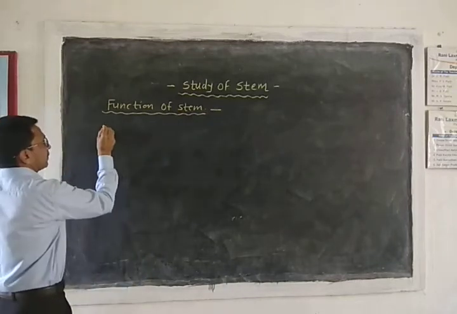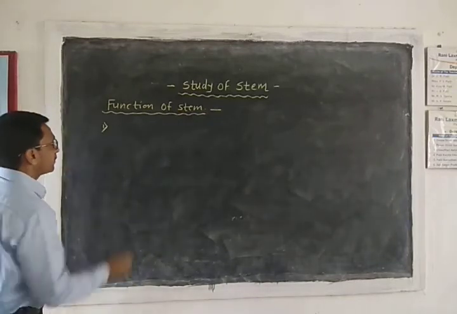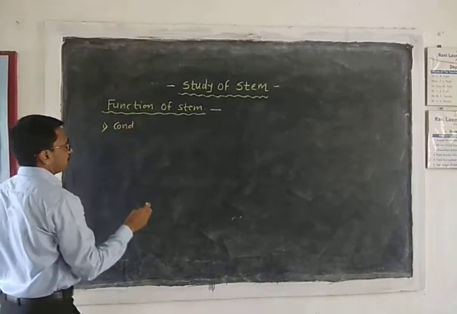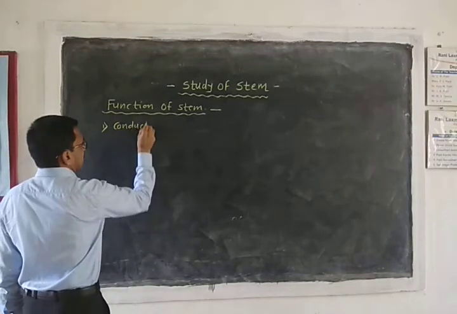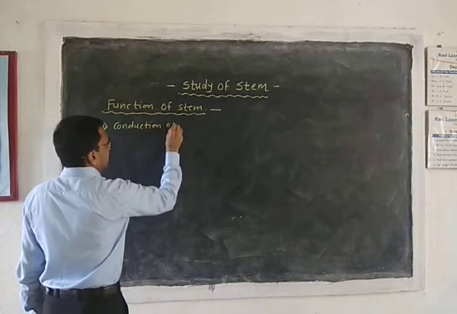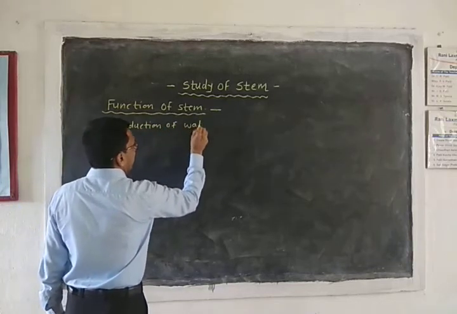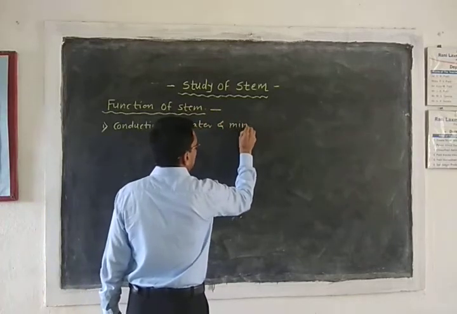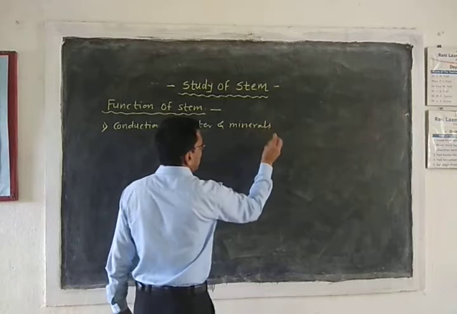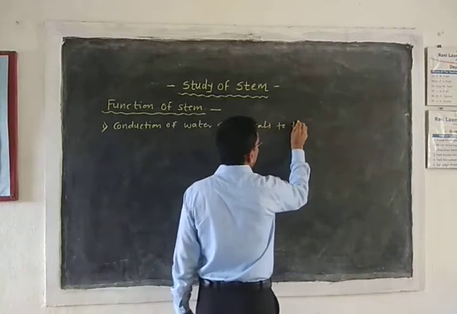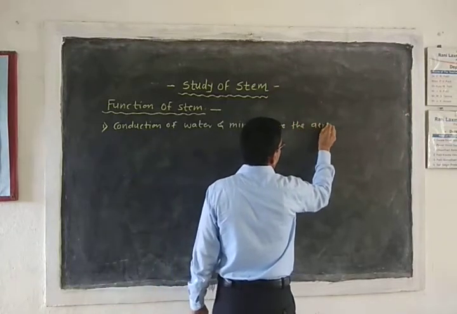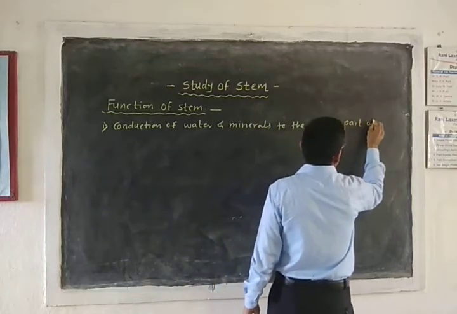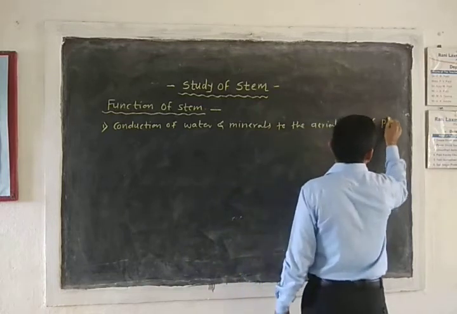The first function of stem is the conduction of water and minerals to the aerial part of the plant body.